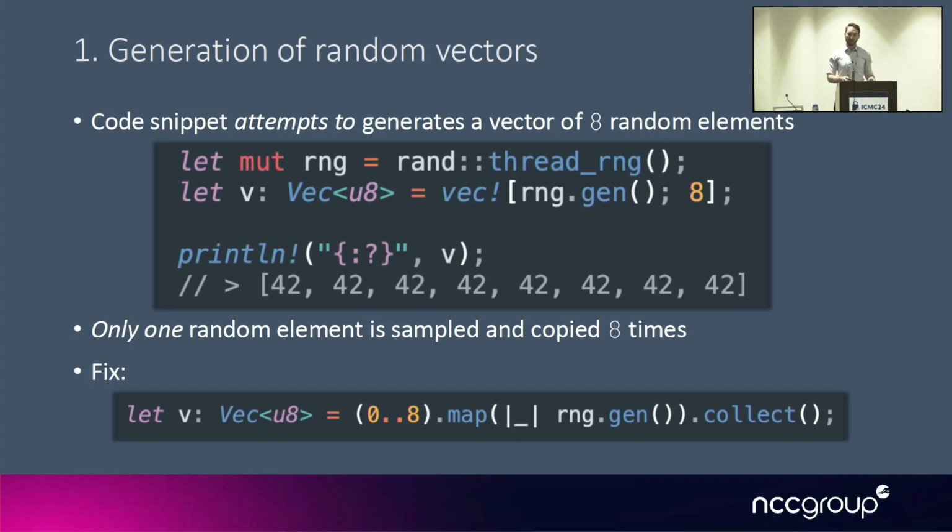You don't actually use the value itself, which is why there's this closure with an underscore that doesn't do anything with the value. But for every one of those 8 values, you generate a new random value, and then you collect everything in a vector. That would be the way to generate a vector of 8 random elements.